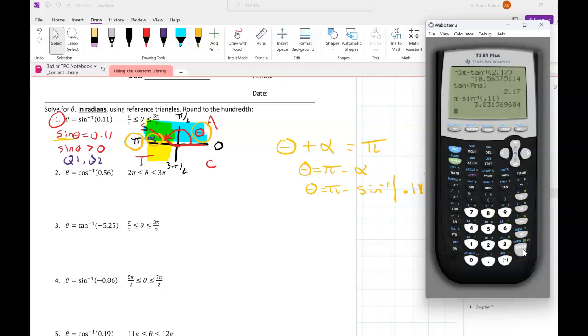What mode should my calculator be in right now? Radians. So if you got a number in like the 300s, you're in degree mode. So just change your mode to radians. We've talked about how to do that. If you need help, ask a friend or ask Mr. Kulik, and he will happily make sure your calculator gets into radian mode.